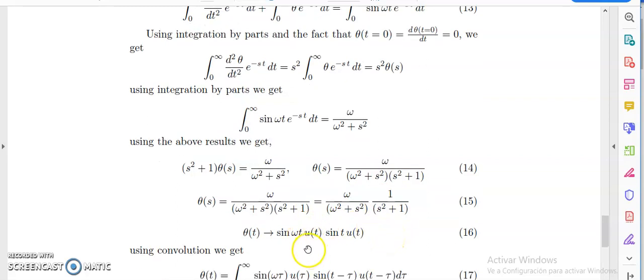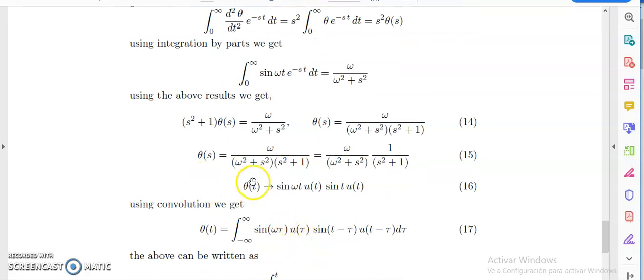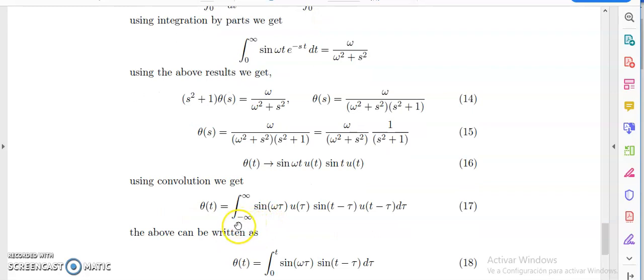And we will use now convolution. Using convolution, equation 14 becomes this equation. I will try to show you later how to do this. Remember, u of t and u of tau here are ones.